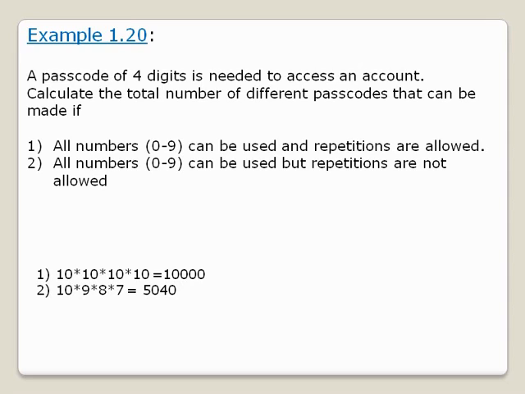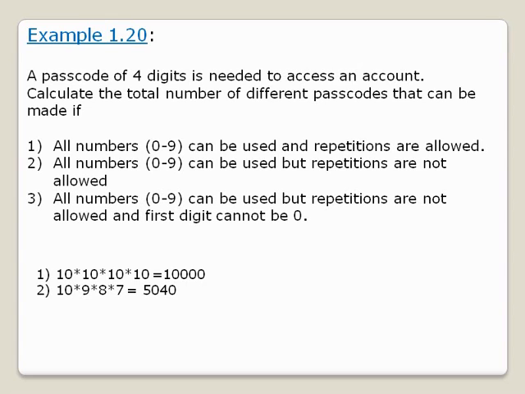Then for the third place, you cannot use the 2 digits you have already used in the first and the second position. Therefore, we have only 8 digits to be selected for the third position. Similarly, for the fourth position, there will be only 7 remaining digits. If we multiply 10 times 9 times 8 times 7, you will end up with 5040.